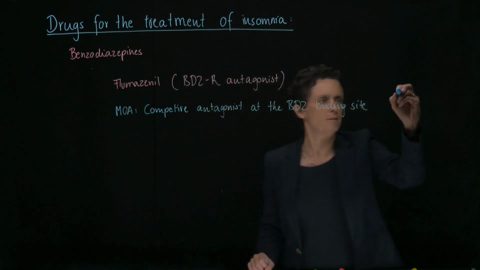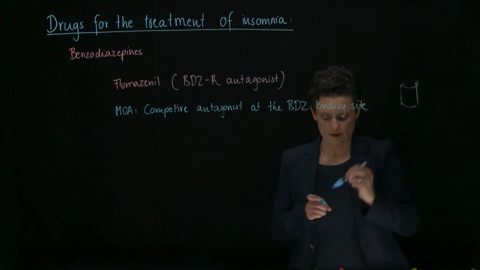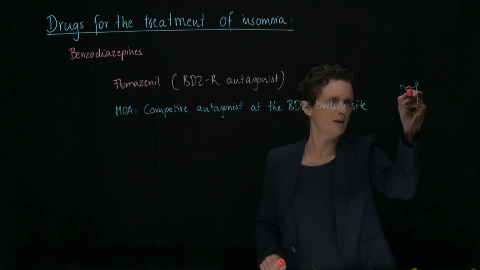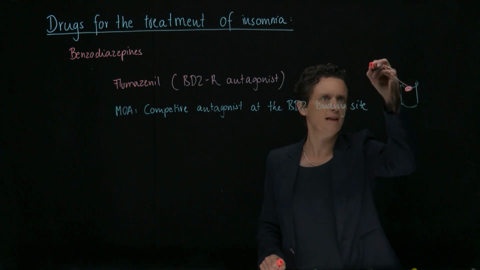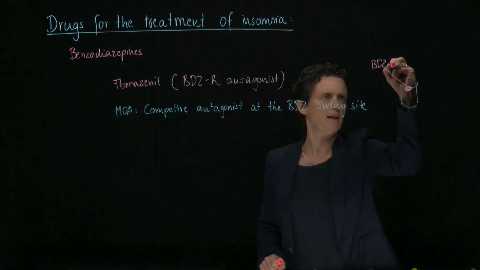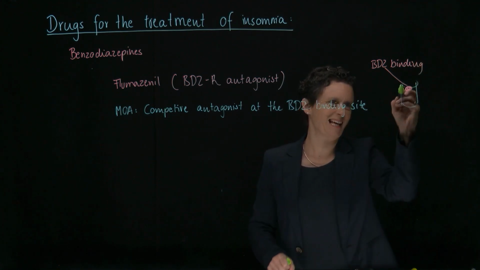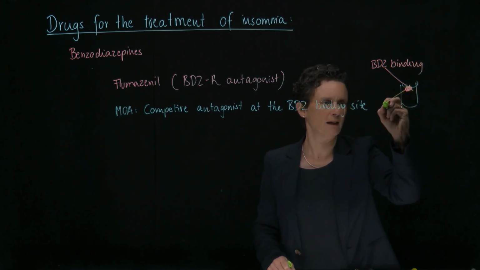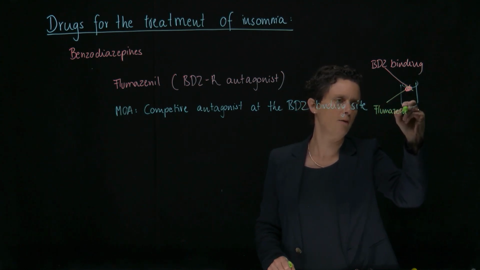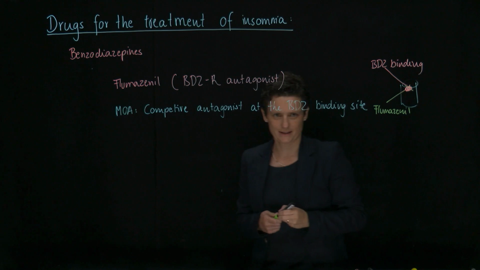So if you're thinking about this chloride channel, and that's kind of where our benzos are going to act, that's the benzodiazepine binding site. Flumazenil binds exactly the same site, and that's also characteristic for a competitive antagonist.